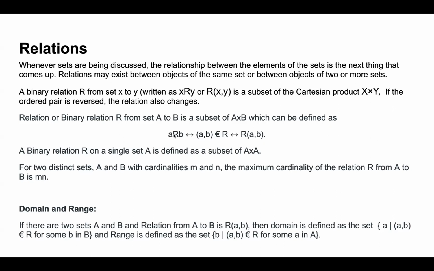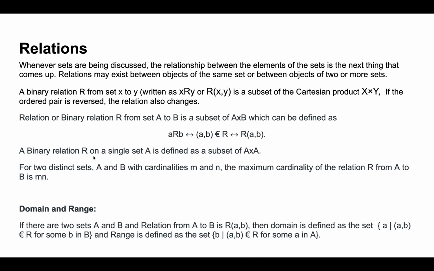When we say that the relation is from A to B, we denote it like this: A R B, or (A, B) belongs to R, or R of (A, B). All these are the same; they are just notations.